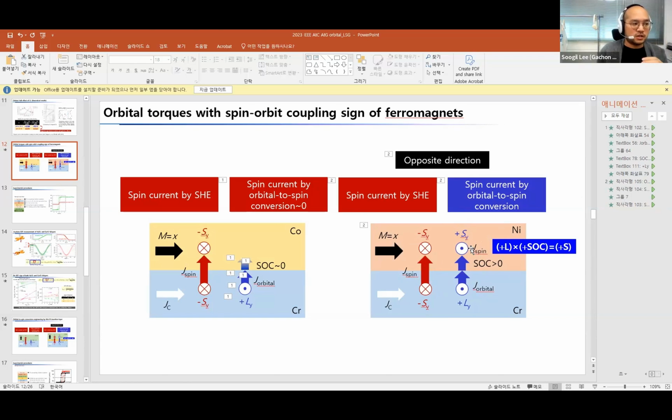So I check the sign of the spin-orbit torque, and I found the sign reversal in the system, and I can explain the sign reversal by this orbital-induced spin-orbit torque. This is my answer for you.